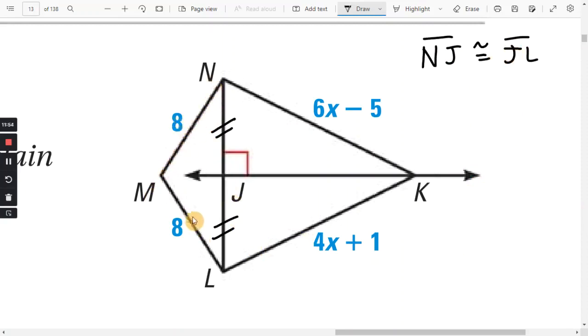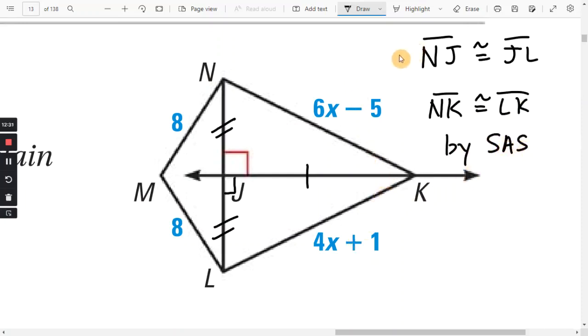And this is obvious right here, so I'm not even going to write it. 8 matches 8. But you can see right here, this side is shared by both triangles, and we have side, angle, side. This right angle is also here as well. And as a result, this side is going to match this side. So NK matches LK by side angle side.